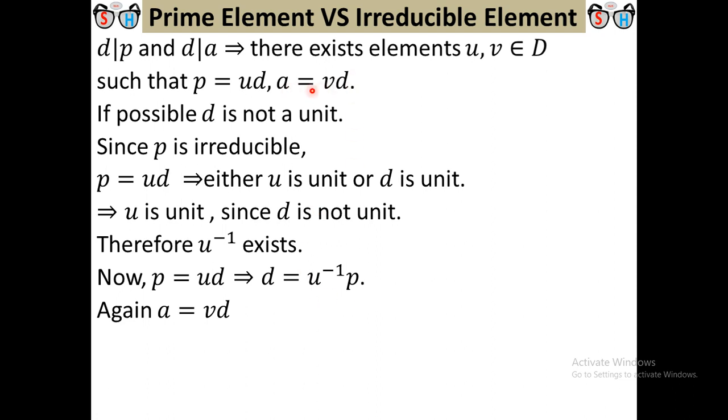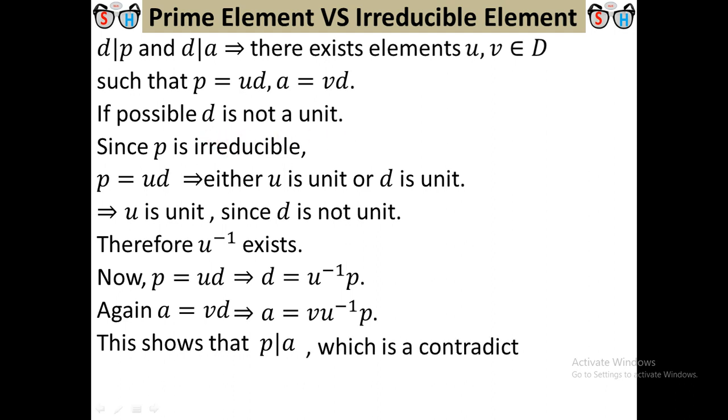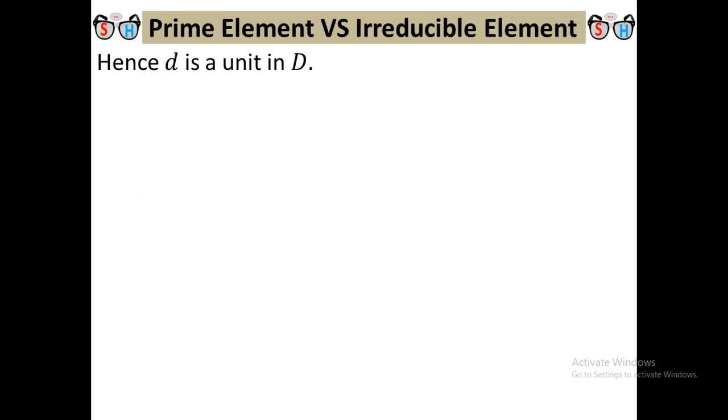Therefore, A equals V times U inverse P, since I put it in the place of D. So you see that A equals P times something, and that something is in D. Since A equals P times something, we can conclude that P divides A. But this is not true, because we assume that P does not divide A. So our assumption that D is not a unit is not possible, which is a contradiction. Hence, D is a unit.